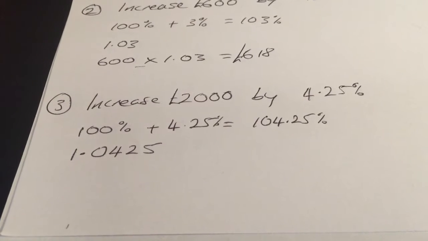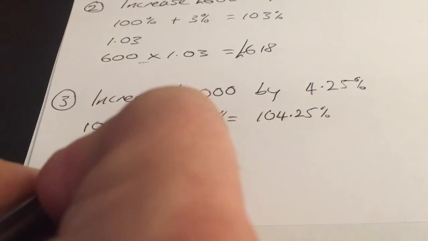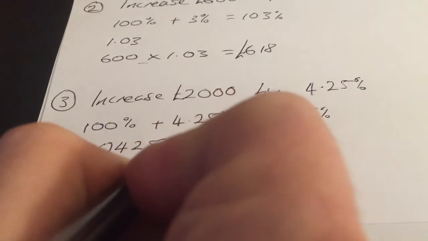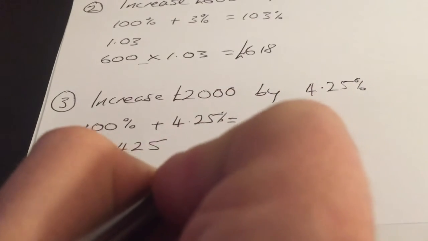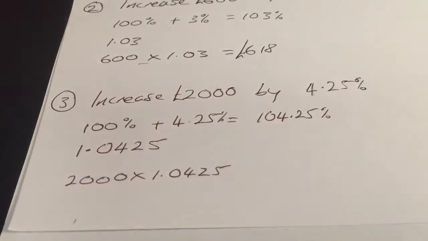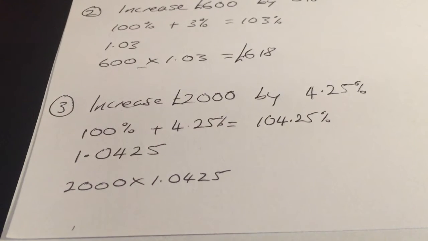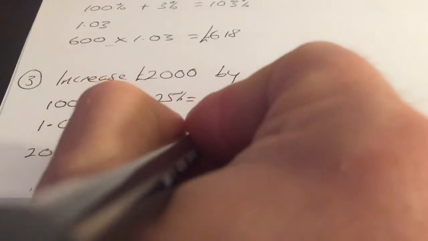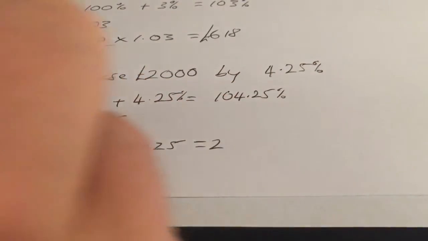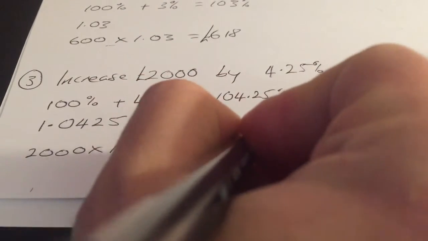And if we increase £2,000 by that, we do 2,000 times 1.0425, and we'll get our answer. So let's just do that quickly here. So we get £2,085.